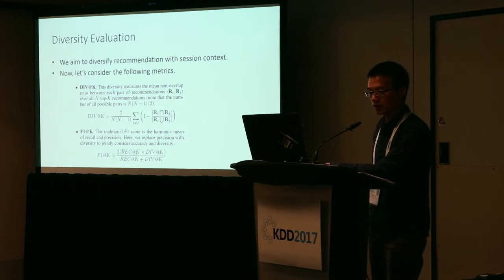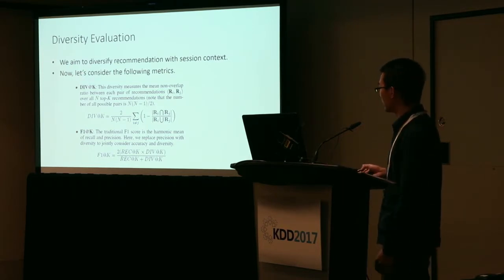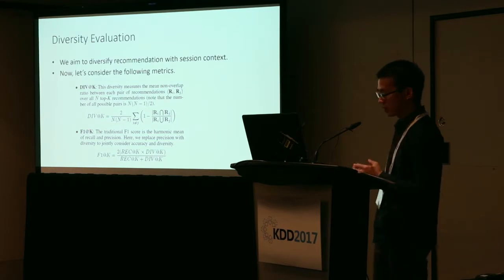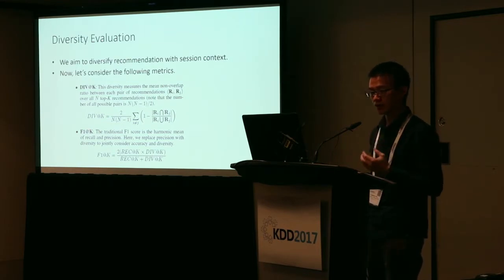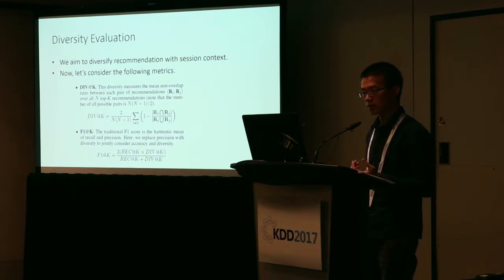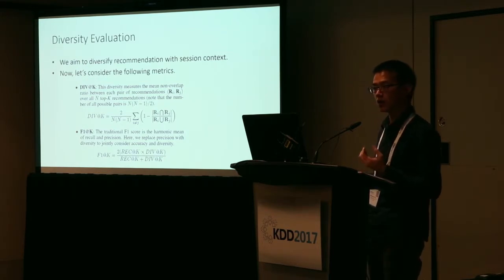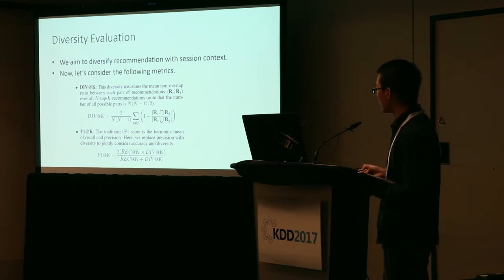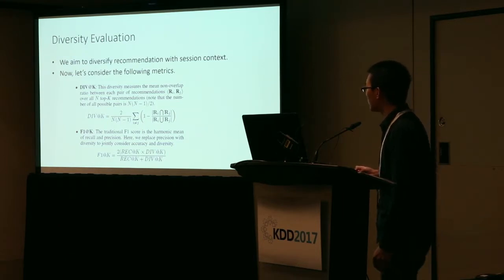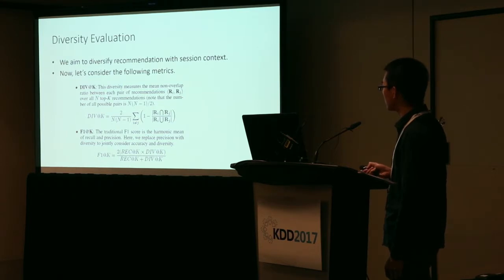And we conduct another set of evaluation here, because as we argued in the very beginning, we want to recommend very diversified items, but we also want to keep the accuracy of these diversified recommendations. So the two metrics we use here: one is diversity, which measures the non-overlap between each pair of recommendations and is calculated in this way.